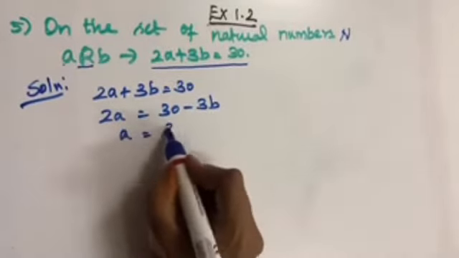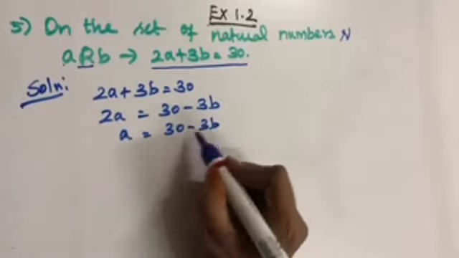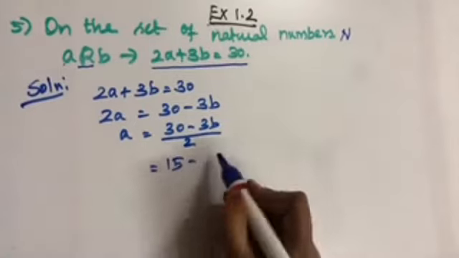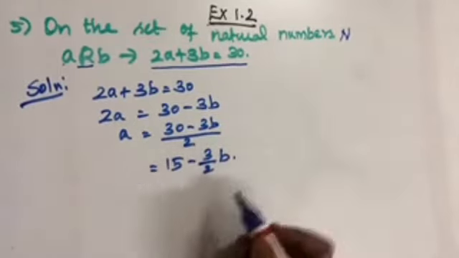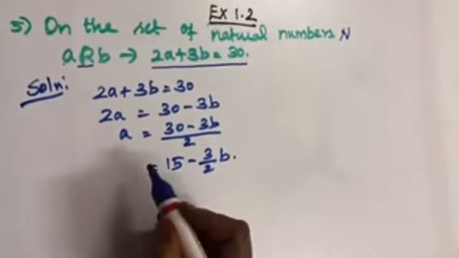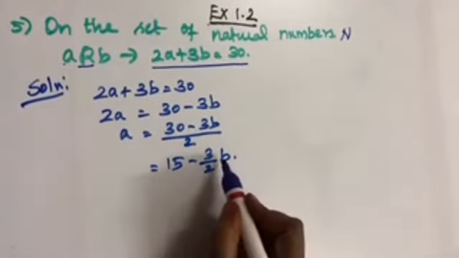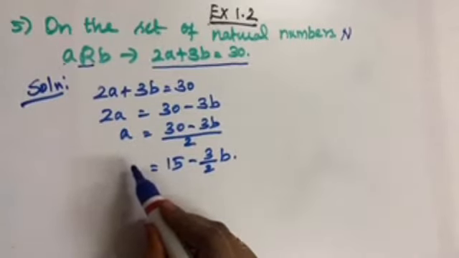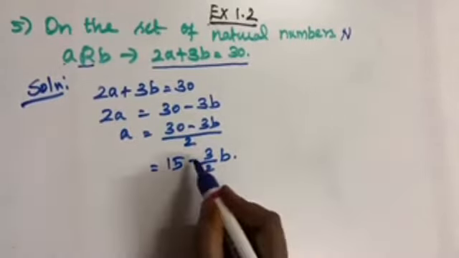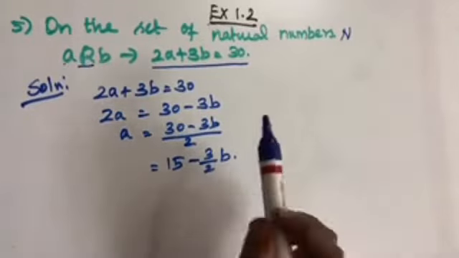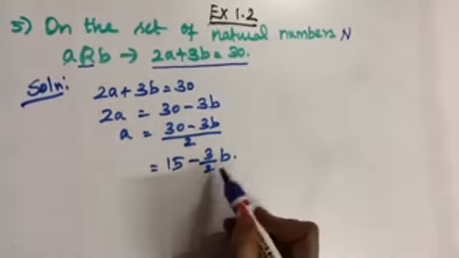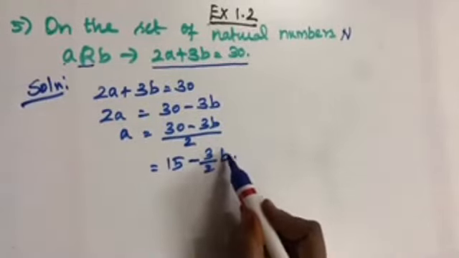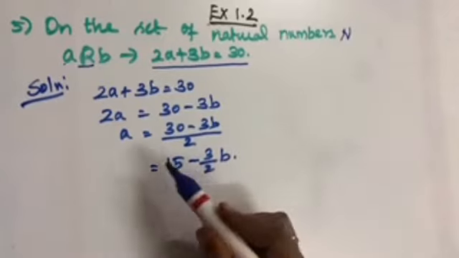A is equal to (30 minus 3B) divided by 2, which is 15 minus 3/2 B. So I have to substitute some values for B and get the value of A. But the answer should be in the set of natural numbers. No fractions are allowed. So, only multiples of 2 can be substituted for B.